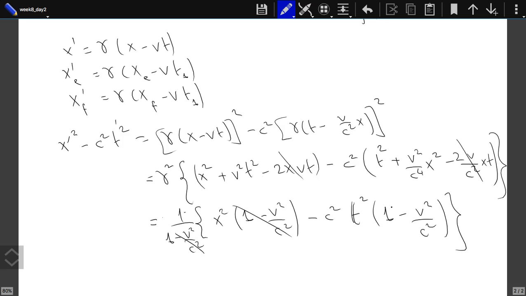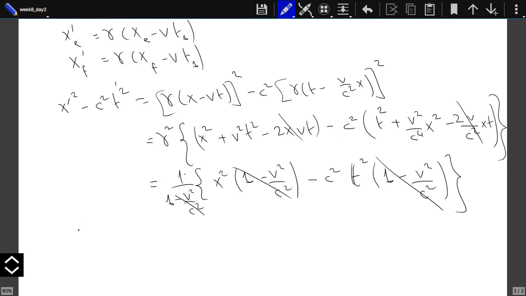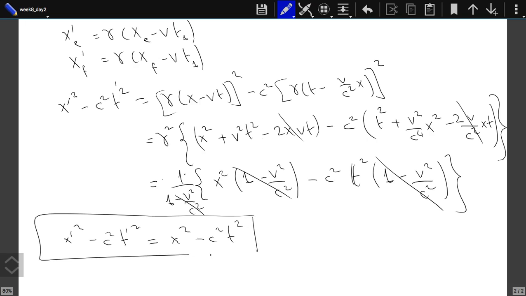So these will just cancel. So x prime squared minus c squared t prime squared is x squared minus c squared t squared. So it doesn't change. You see, if I go from one reference frame to the other reference frame, the events will have different times and different positions, but nevertheless, this combination will not change.